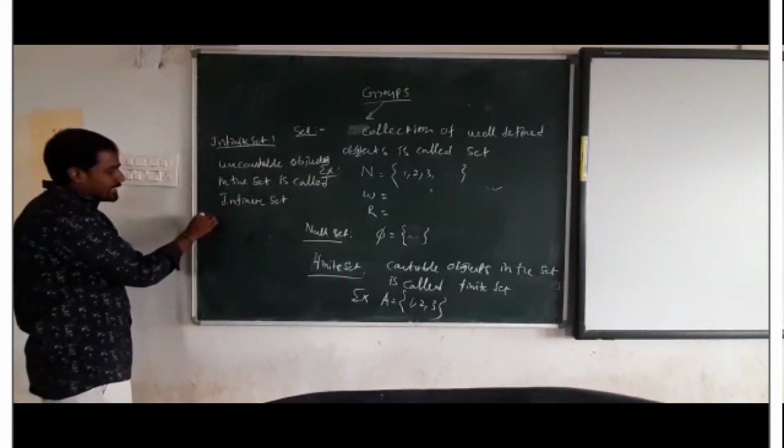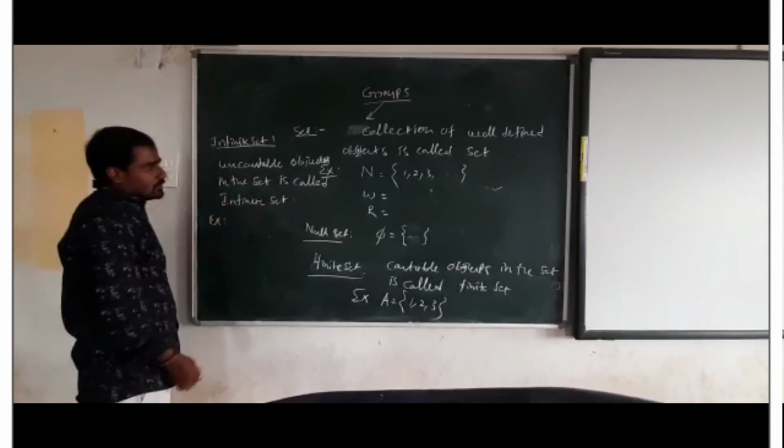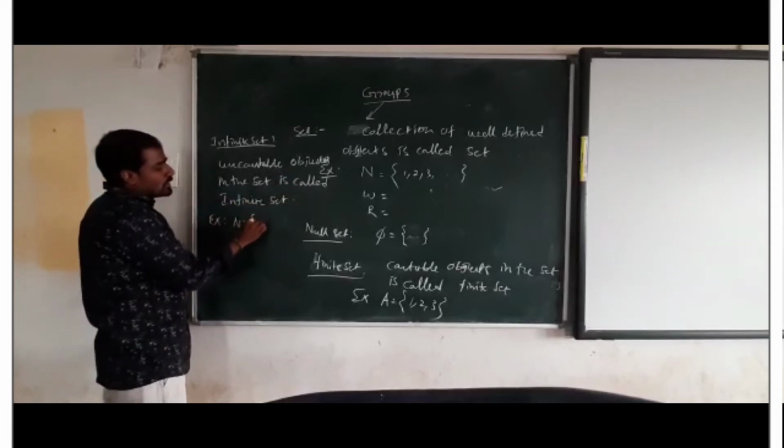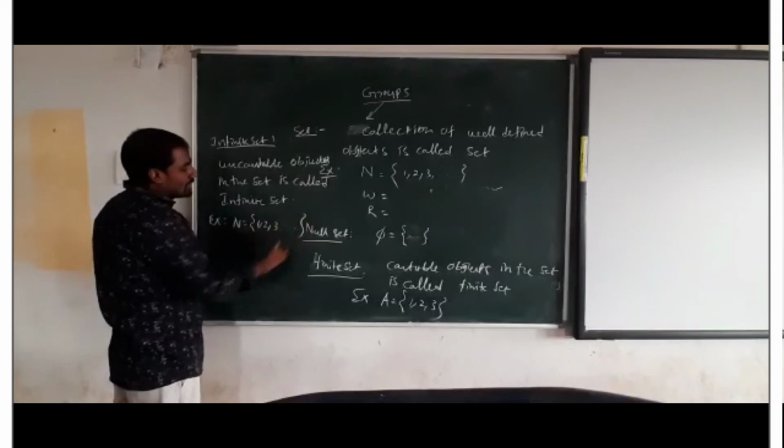Now we take an example. The natural number set N equals 1, 2, 3, and so on. This is uncountable.